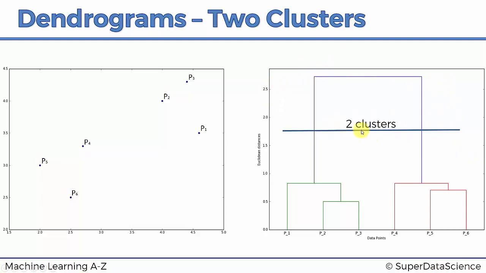So what that'll do is it'll give us two clusters. Let's have a look at them. There's our first cluster and there's our second cluster. And that makes sense. So what that is telling us is that within each one of these clusters, the dissimilarity is always less than our threshold. So let's say we've got some values here. Let's say this is 1.5, this is 2.0. So let's say we want to set the threshold at 1.7.